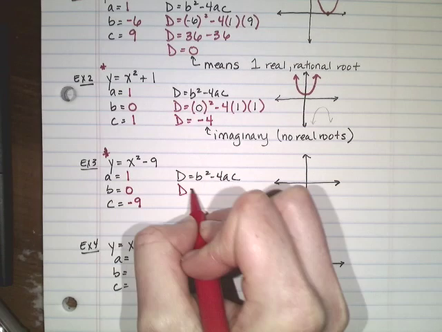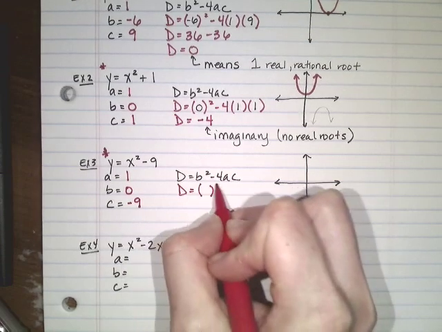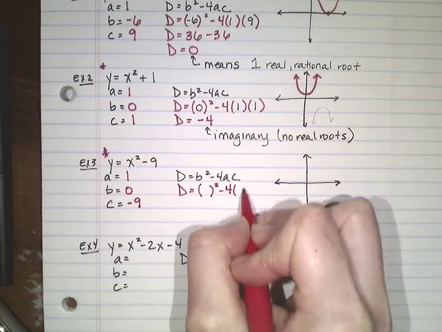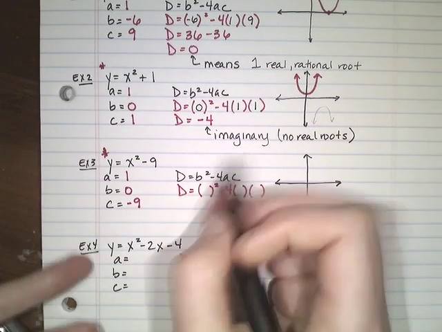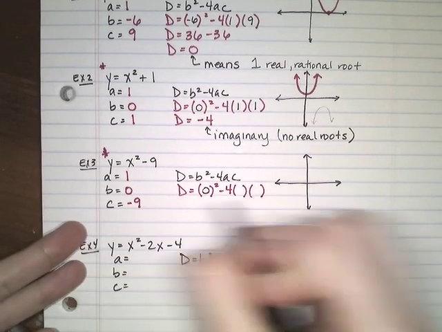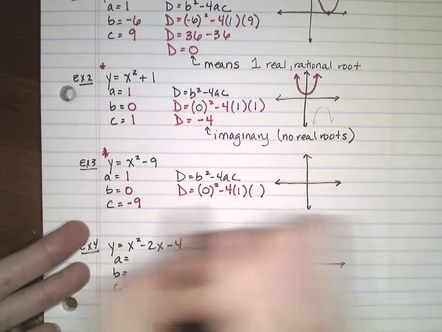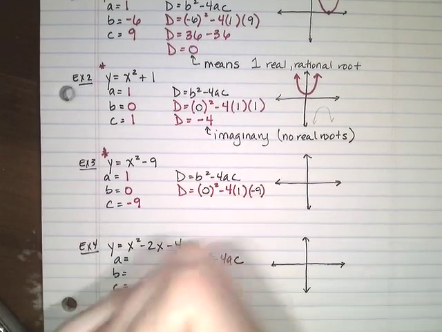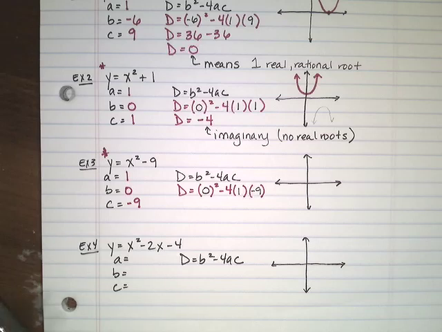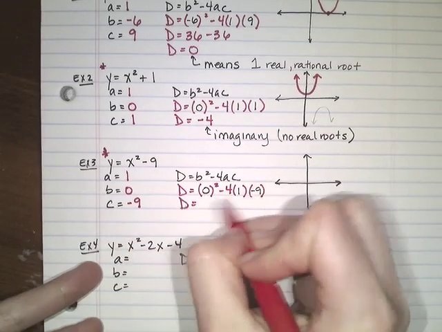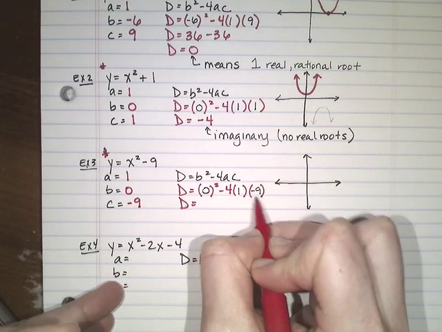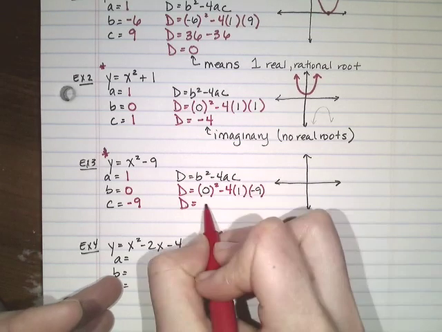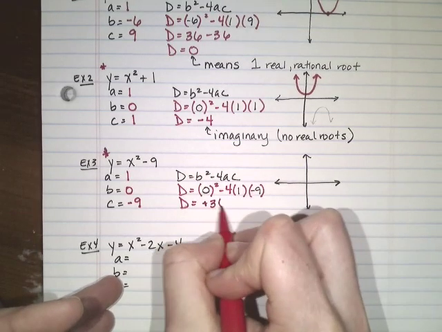D equals B squared minus 4 times A times C, where B is 0, A is 1, C is negative 9. When I solve that, I get D equals 0, negative 4 times positive 1 times negative 9 is positive 36.